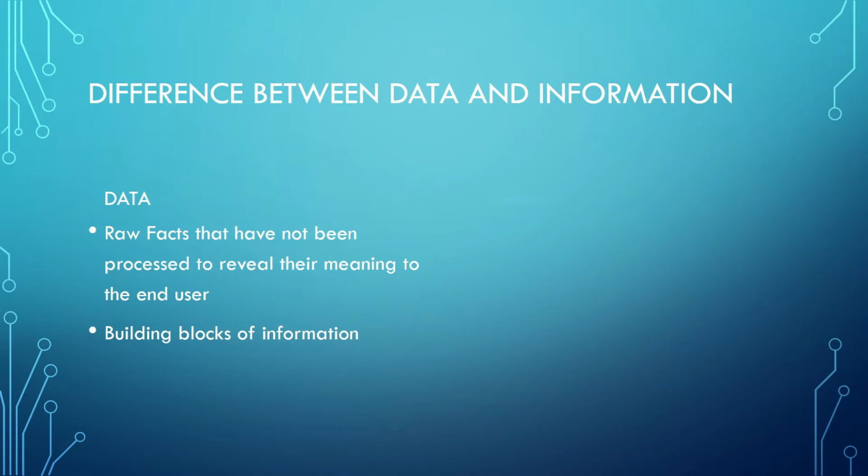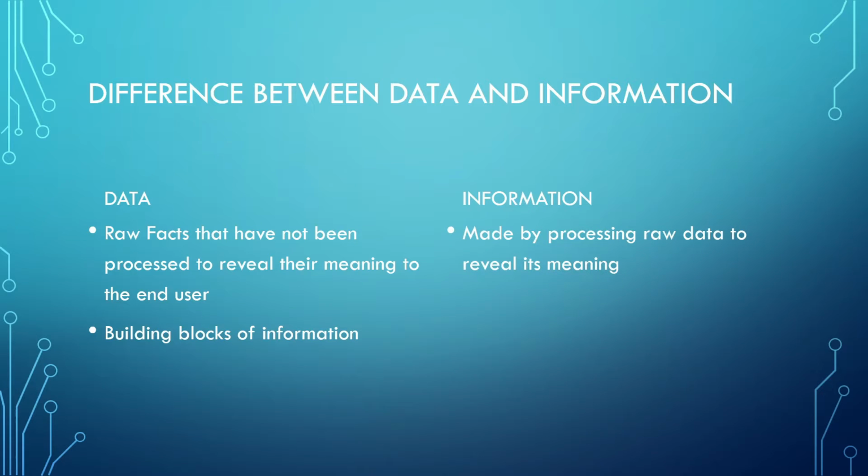So what is information? Information is made by processing raw data to reveal its meaning. Meaning data that is not processed cannot be called information. Information requires context, and it is the bedrock of knowledge. Mostly everything you're going to find in your knowledge is going to be information first.